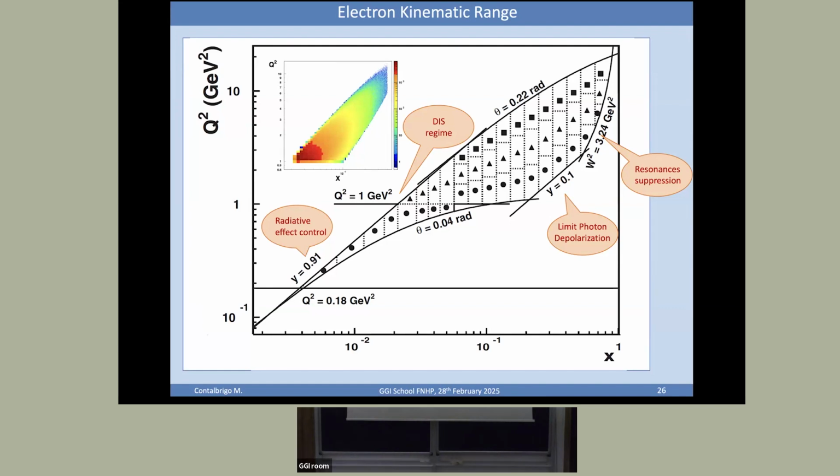That means typically at low x, but also at low Q², sometimes too low, okay? So the first thing you have to do is to put a cut. And typically there is this conventional cut, Q² greater than 1 GeV². That is not really high, okay? But it's conventional, let's say. And in this, you pretend to stay in the DIS regime. You don't want this tail. Then you have a cut, let's say, on W.